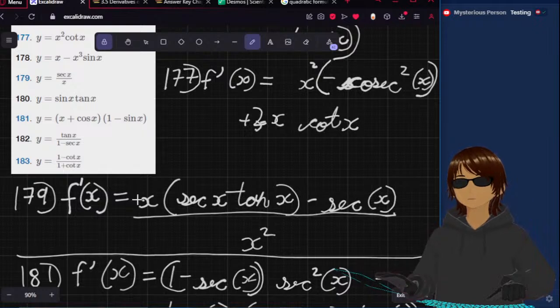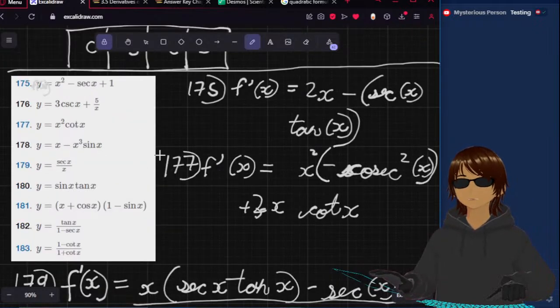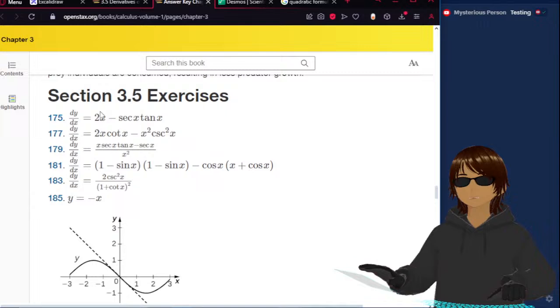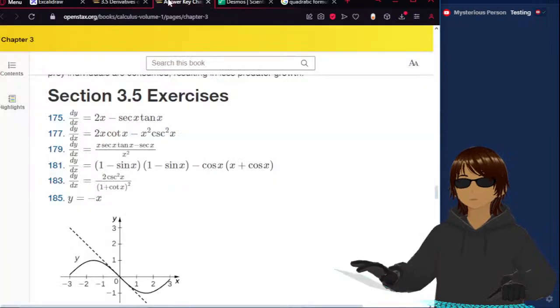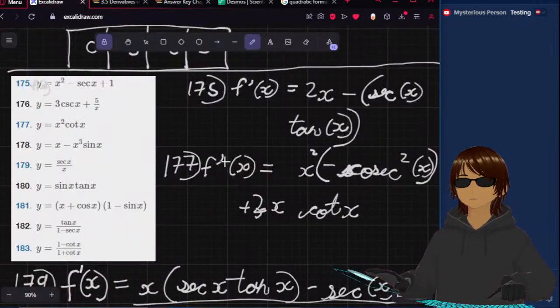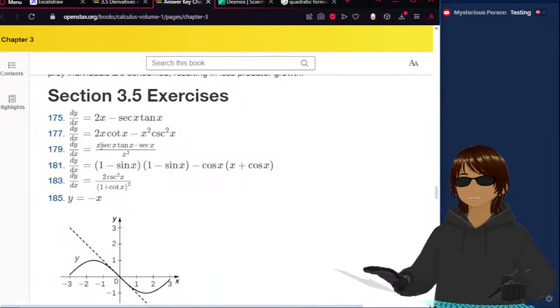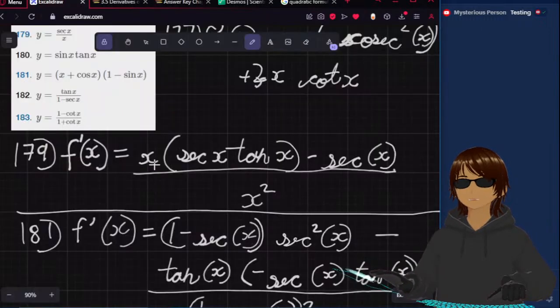Let's see. 177. 2x cot x. Okay, that's correct. 179. I didn't simplify it.